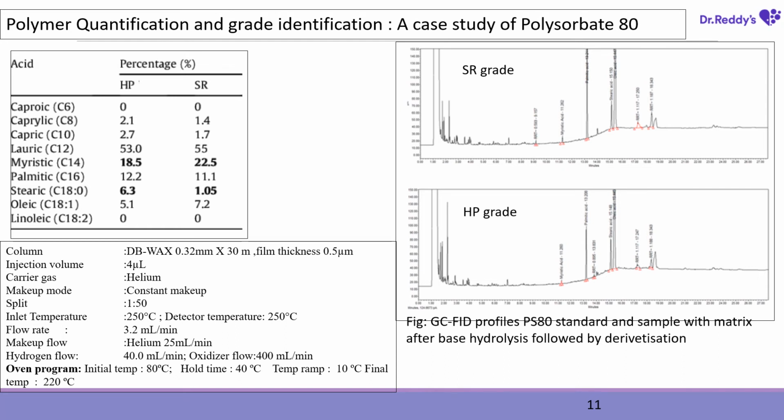Based on the peak profiles, it can be easily understood upon base hydrolysis followed by derivatization to methylate the fatty acids to get volatility, and then separating them by gas chromatography using an FID detector. These are the experimental conditions which we have used to separate all the peaks, and based on the peak ratios, it can be easily understood which grade is used in the reference product.